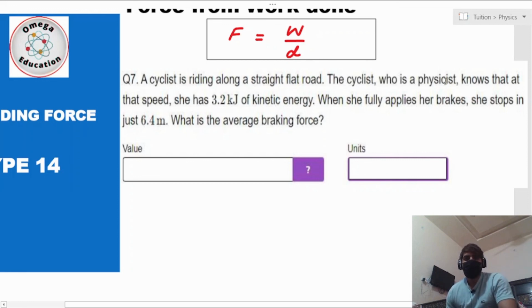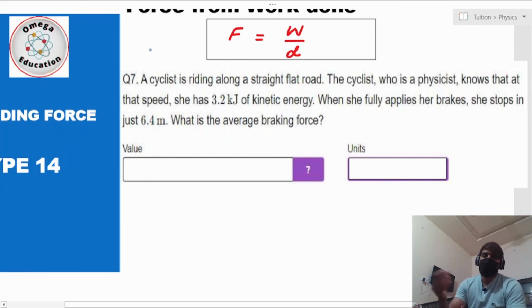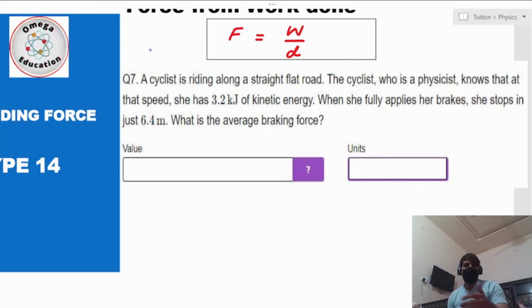The cyclist, who is a physicist, knows that at that speed she has 3.2 kilojoules of kinetic energy. So that energy is the energy that will be used in order to do the work done. When she applies her brakes, she stops in just 6.4 meters. She covers a distance of 6.4. What is the average braking force?